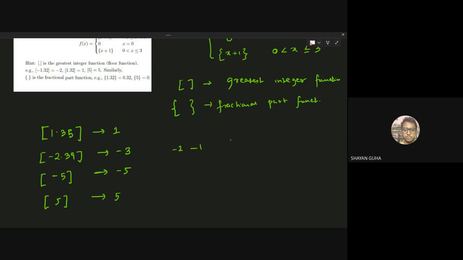For any negative real number, it takes the negative integer part and adds a minus 1 to it. Let's see this one. Here we have minus 1.32. It's taking minus 1 and adding one more negative 1 to it, so it becomes minus 2. Have you got it?